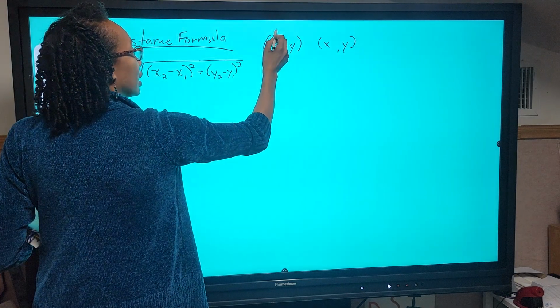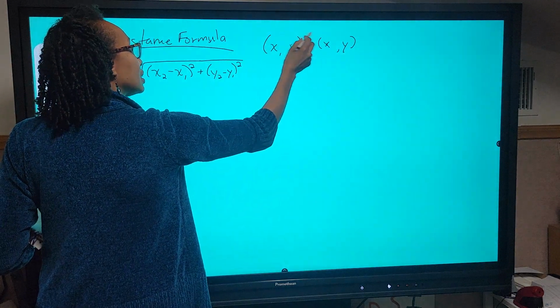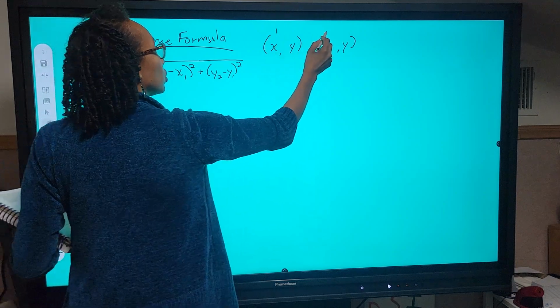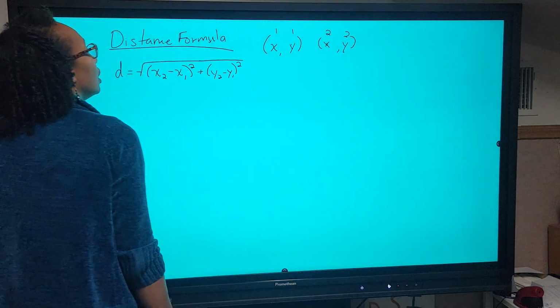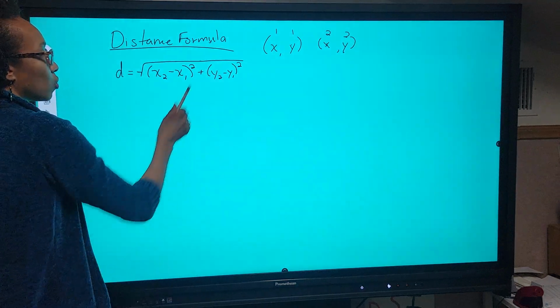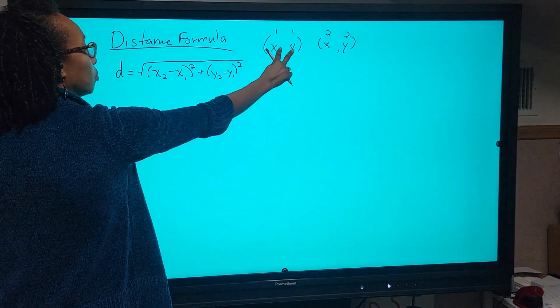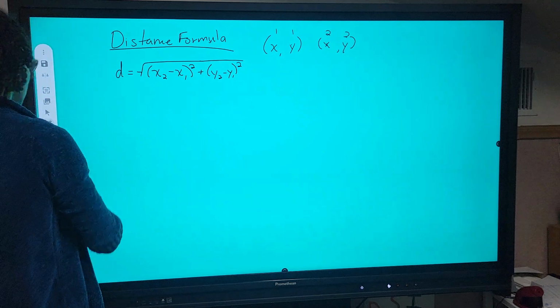Then we say, this is the first x, this is the second x, first y, second y, okay? Again, they're writing those little numbers down below, okay?